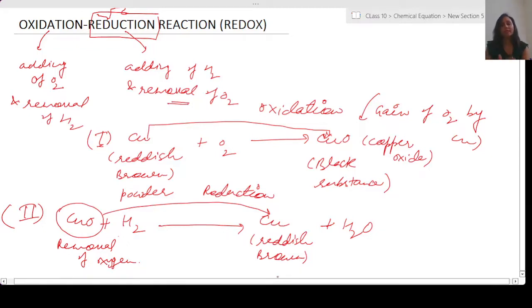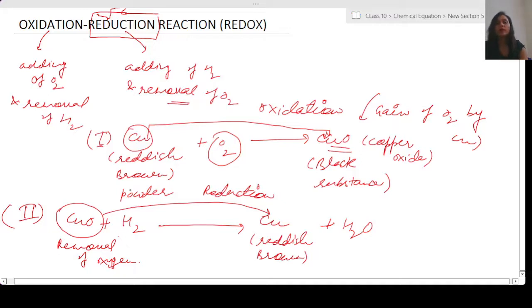For example, here this is the Cu and this is O2, right? They are combining and forming CuO, that is the copper oxide. So there is a gain of oxygen, right? Now here CuO is getting reduced to Cu.